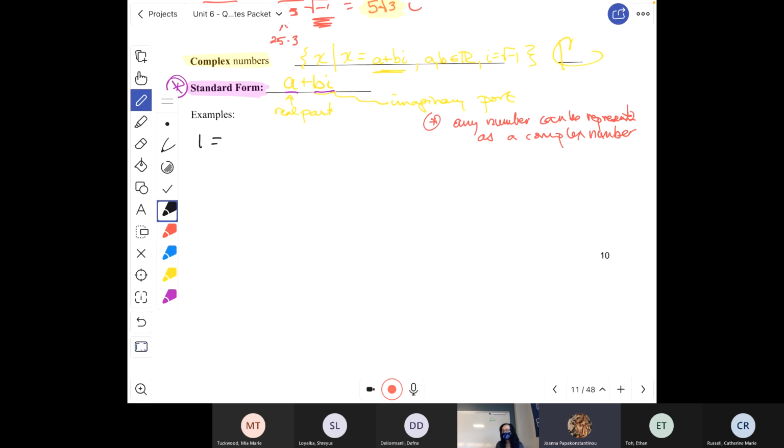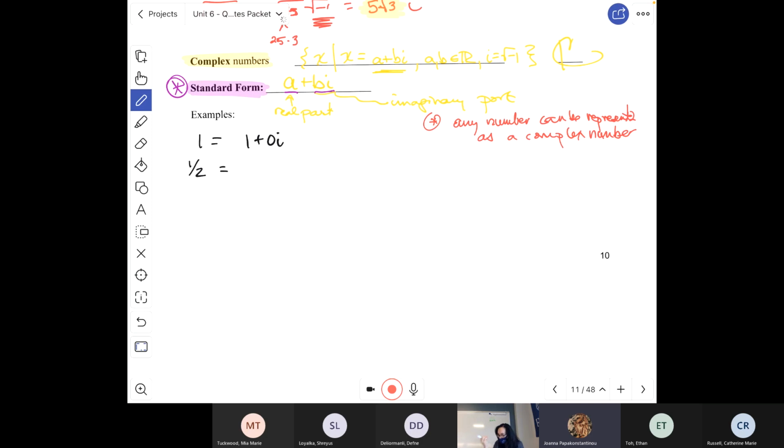If I give you 1, that's real. But can I represent it as a complex number with a real and imaginary part? Sure. What would it be? 1 plus 0i. Beautiful. What if I give you 1/2? What type of number is that? Real. What else? Rational. Okay, good.